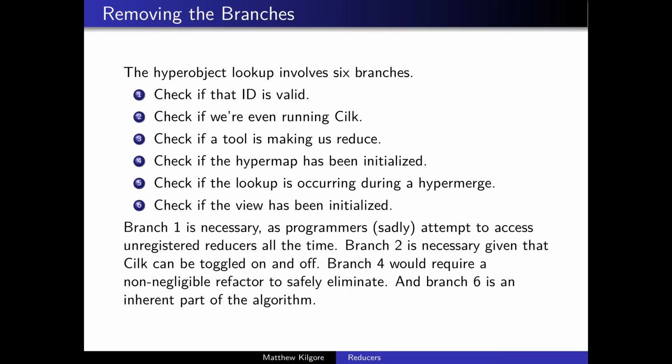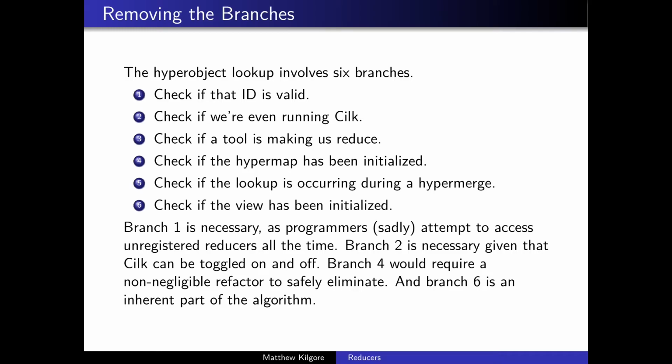So there's really nothing we can do about branch 1. That's an unfortunate mistake that programmers seemingly make all the time. Branch 2 is also necessary since silk can be toggled on and off, and if it's off, well, we have a problem because there isn't a hyperobject to access.